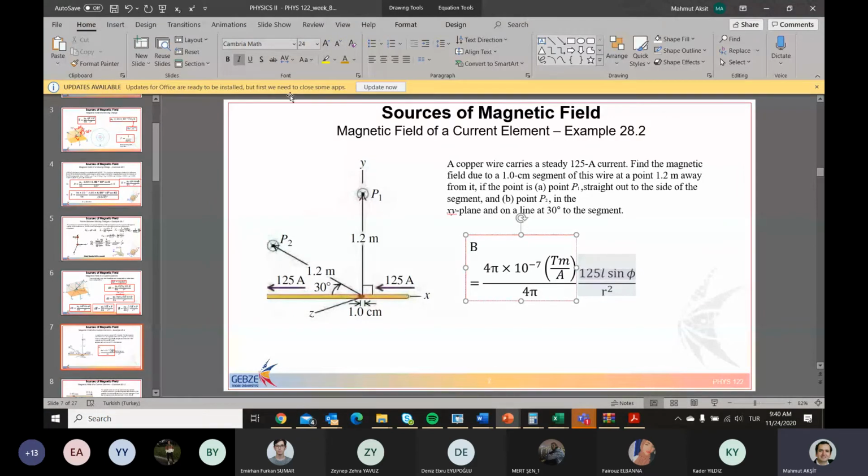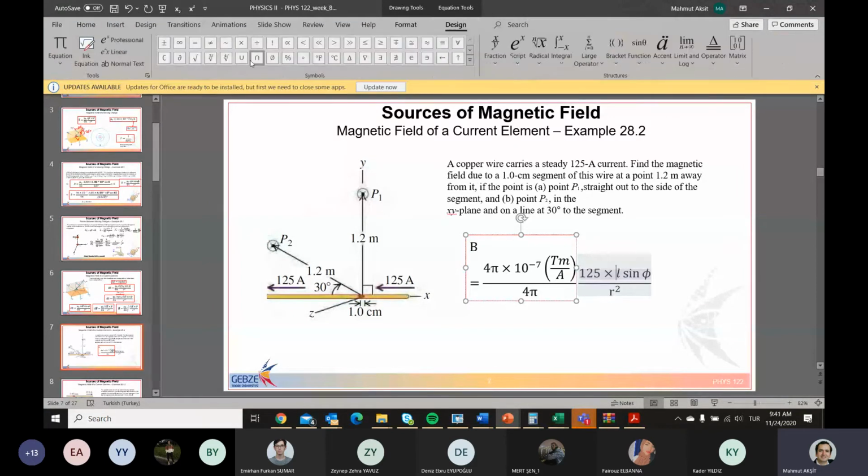The length is 1 centimeter, 1 times 10 to the minus 2. Sin phi for P2 is sin 30 degrees. Sin 30 is 1 over 2, right? So 0.5. R is a distance, that's 1.2 meters, it's given here. Okay, and square of that.